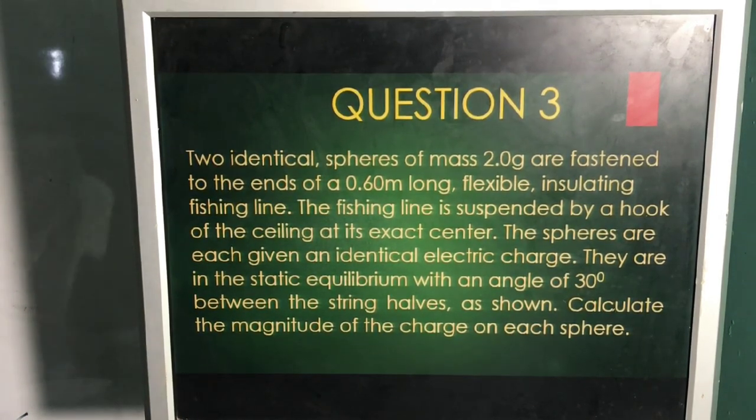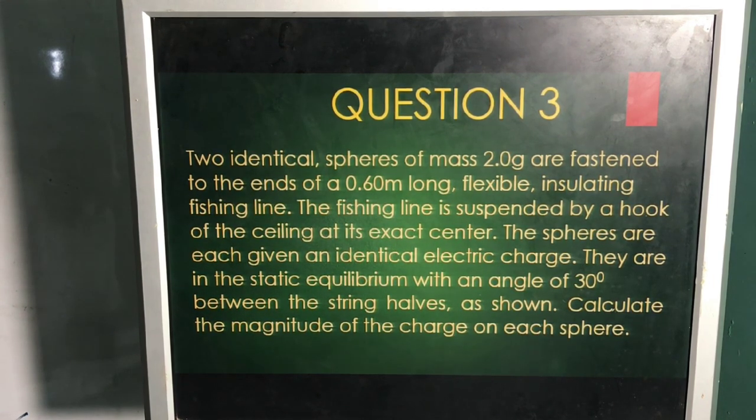So we read the question, and it reads: two identical spheres of mass 2.0 grams are fastened to the ends of a 0.6 meter long flexible insulating fishing line. The fishing line is suspended by a hook off the ceiling at its exact center.